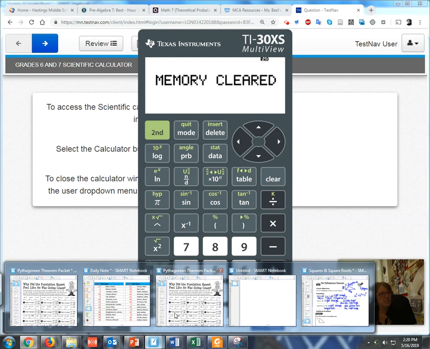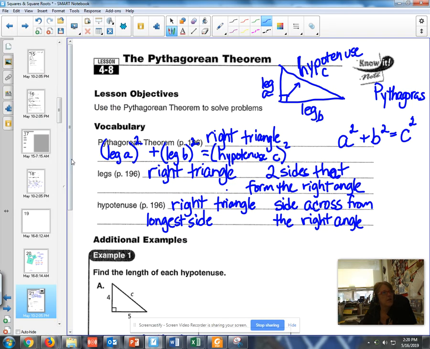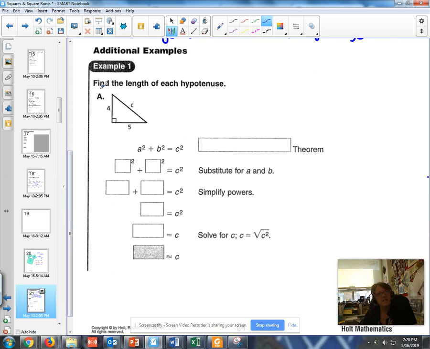So this first picture right here on example 1 says, here's a triangle. It's a right triangle. This side is 4 and this side is 5. I can find that hypotenuse because I can use the Pythagorean theorem. So that's what they want you to put in this box. Pythagorean Theorem. Okay, one of my legs I'm going to call A. So let's just pick 4.